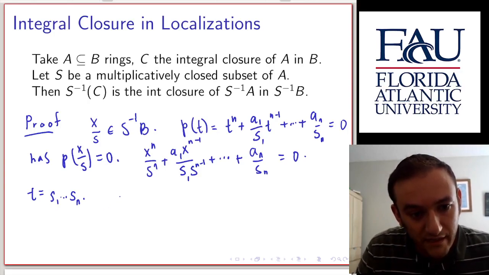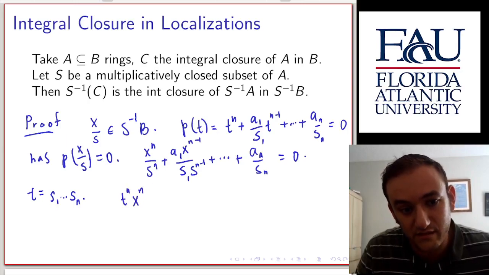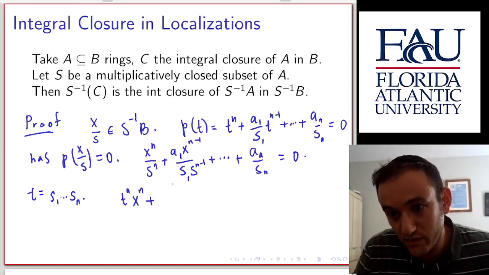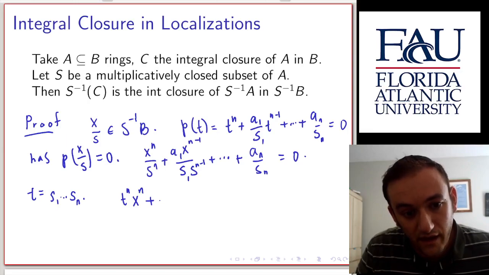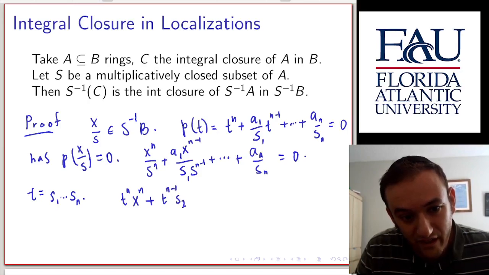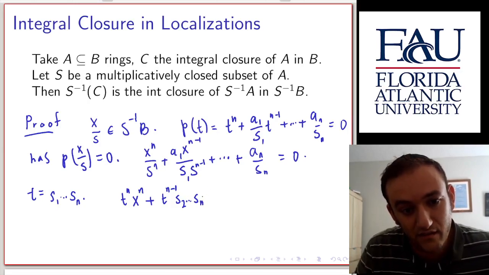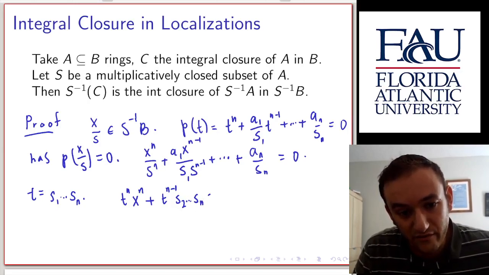So then what we get is t to the n times x to the n, because the s to the n cancels, plus, well, one of the s1s cancels here. So we have t to the n minus 1, and then everything except s1 here, so s2 through sn. And then we also have a factor of s.